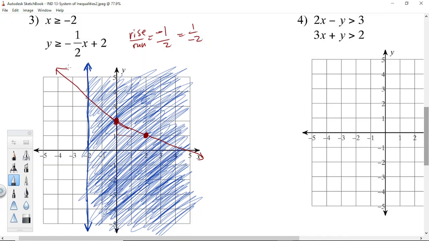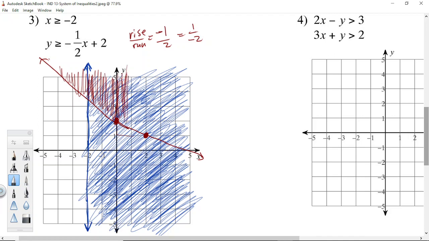So we do want the solid line like I drew. But then we want it shaded above. Everywhere above that line. Okay, I've got to be able to draw a better line than that. Maybe a little better. Okay, everywhere above that, because it's greater than or equal.